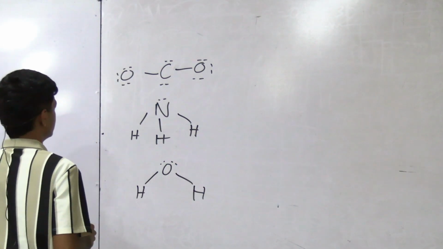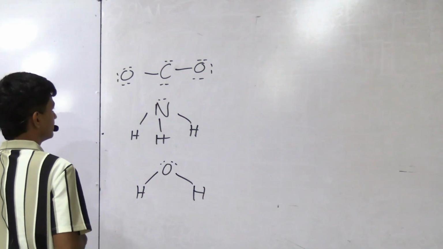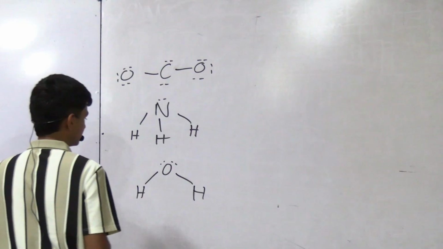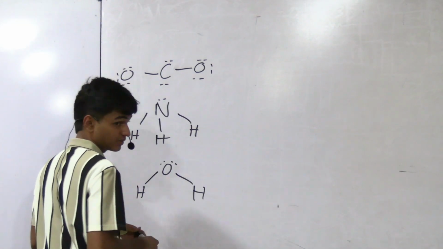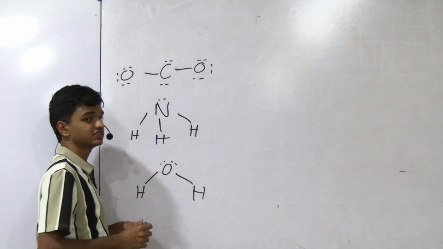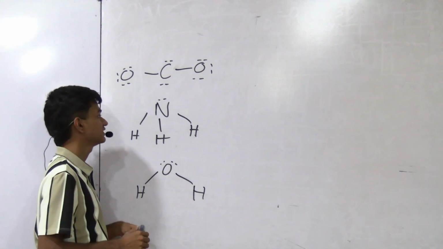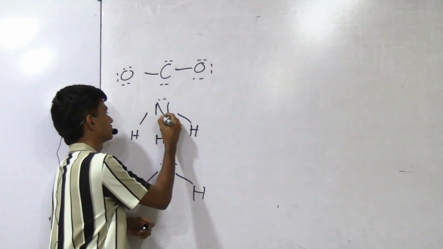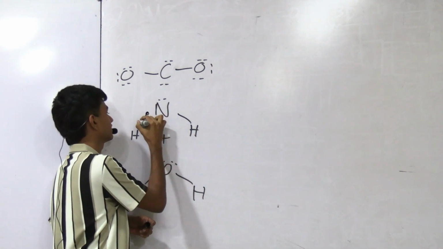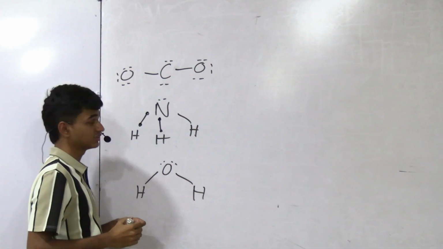The common thing that all these 3 Lewis structures have is they all have a complete octet. What does an octet mean? So octet means that it has 8 electrons in its valence shell. You guys should know that one line shows 2 electrons, right?